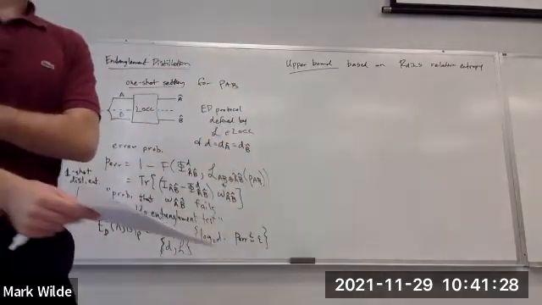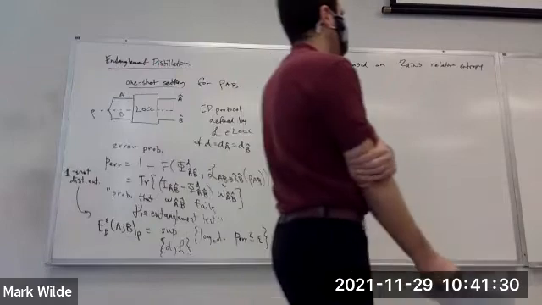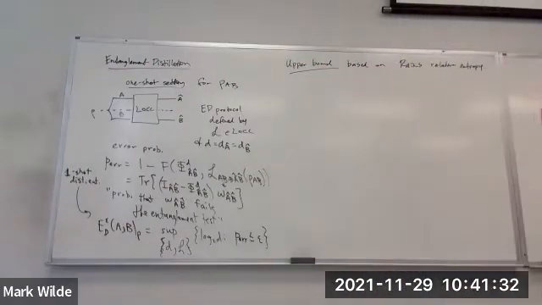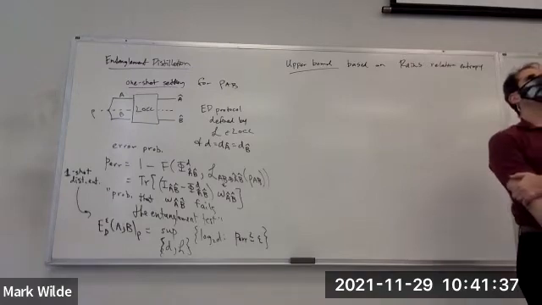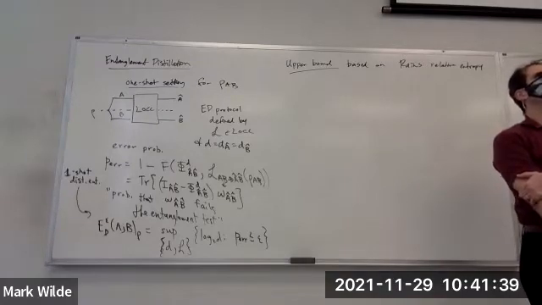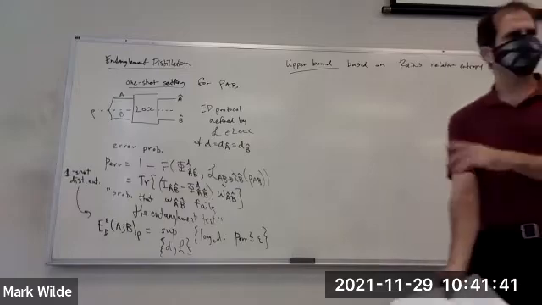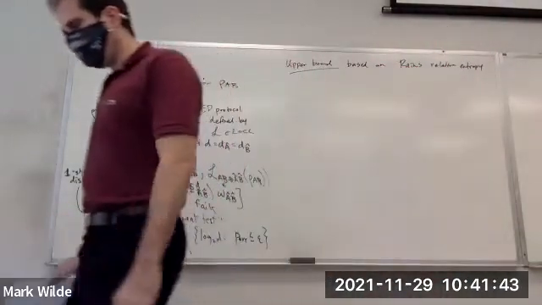Previously, when we tried to get upper bounds, we've done it for classical communication and entanglement-assisted classical communication. We did it also for private classical communication. No, we did not. We did the lower bound.